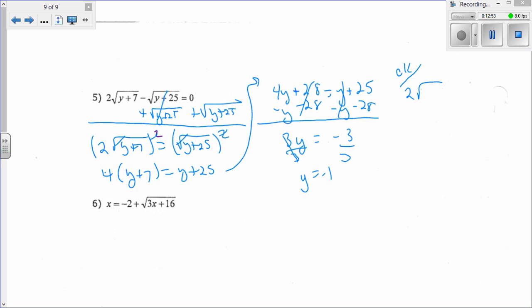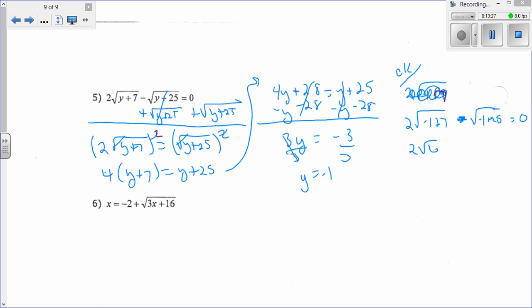So then we just do a quick little check. And I have 2 times the square root of -1 plus 7 minus the square root of -1 plus 25 equals 0.